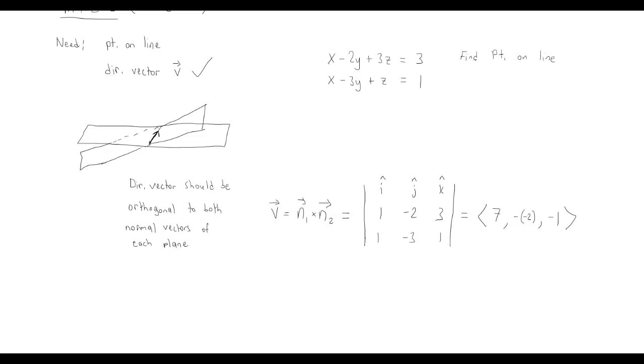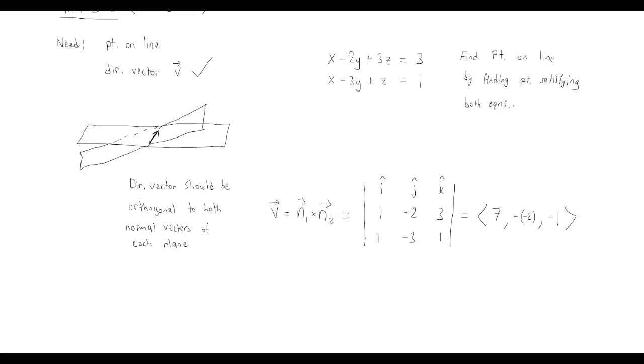Okay, so find a point on the line by finding a point satisfying both of the equations. Again, this point has to satisfy both equations because it must lie on both of the two planes. Okay.